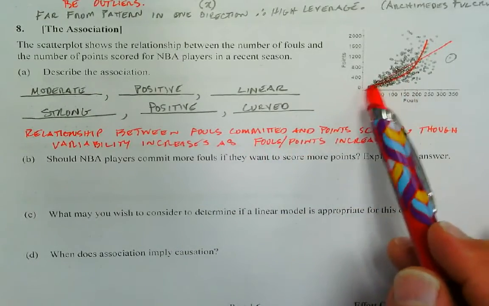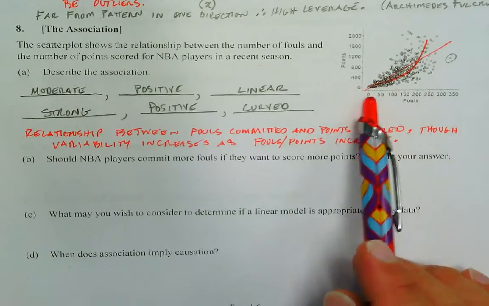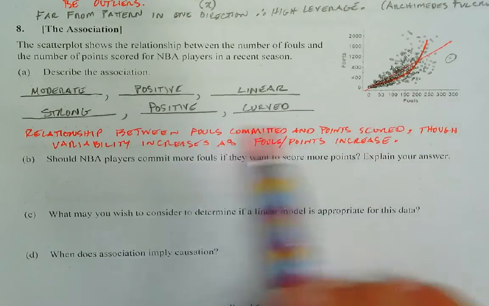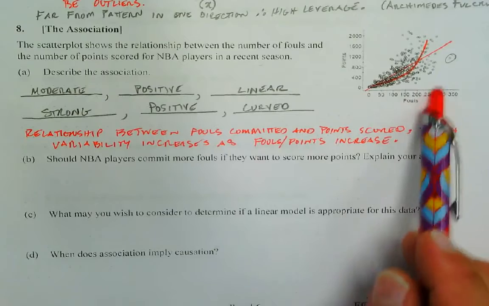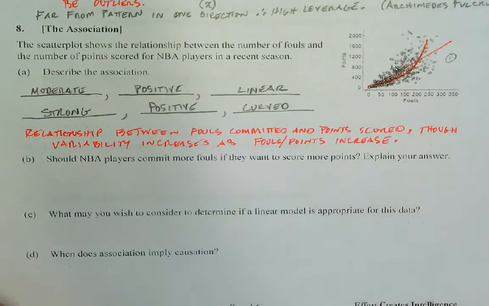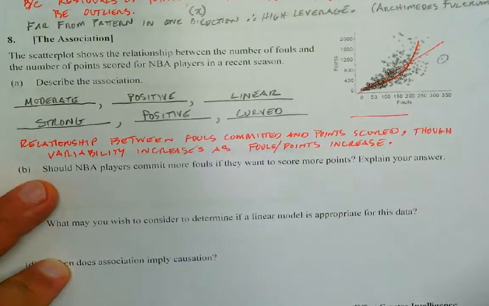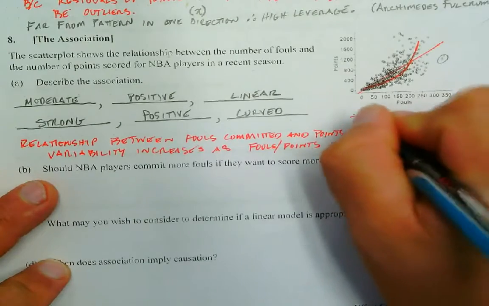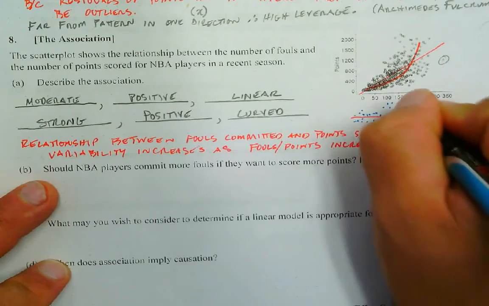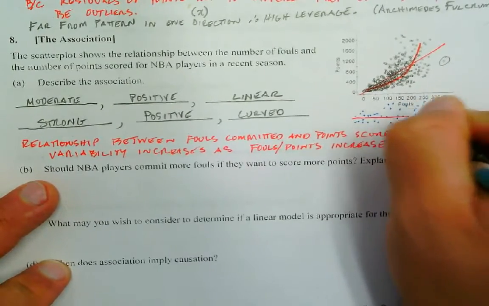Because think about it. If I get a line through here, what's happening to my residuals as the fouls increase? Because of this increased variability, my residuals are getting larger and larger. So my residual plot might be pretty close in, but then as the fouls increase, it spreads up and down.